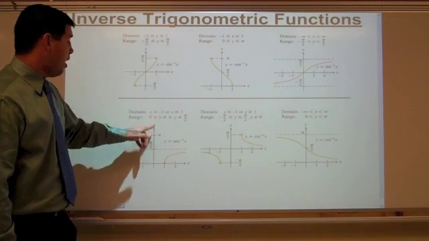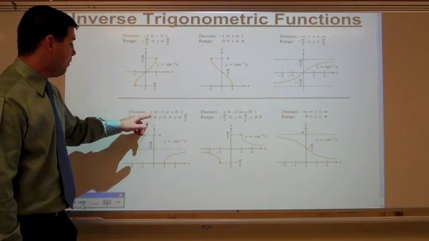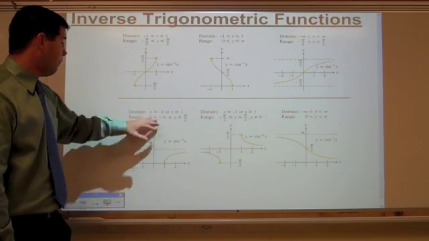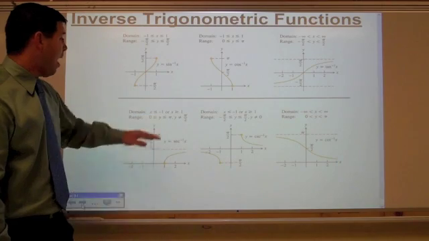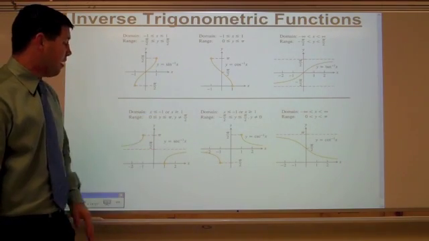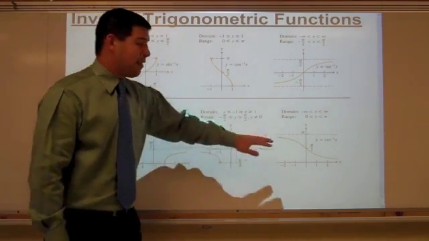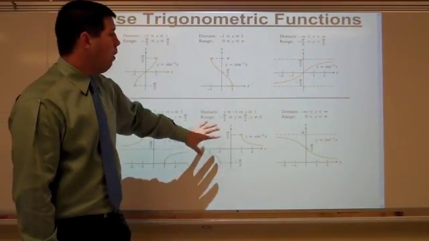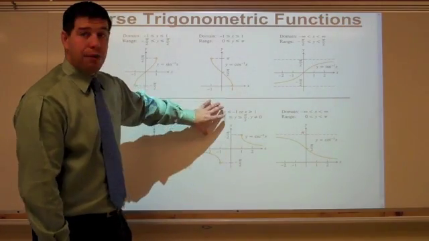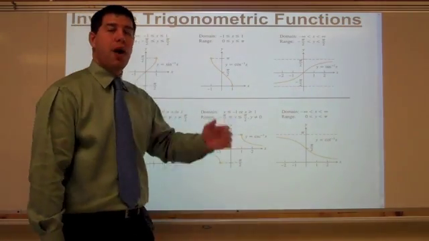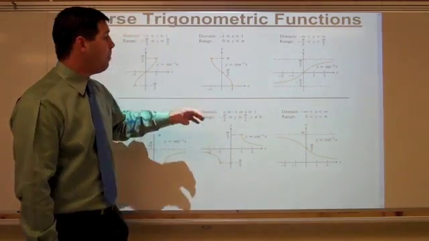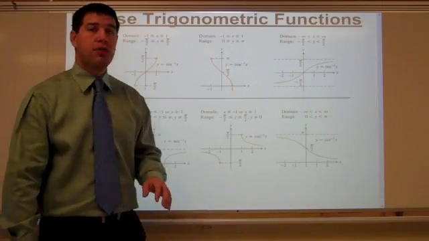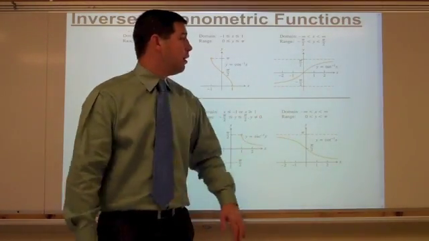So the domain of arc secant is x less than or equal to negative 1, or x greater than or equal to 1. The range is y between 0 and pi, but it's undefined at pi over 2. And you have these other 2 here you can look at. This is a refresher. This isn't vital for the calculus portion, but especially when we define the derivatives of arc sec and arc cosec, this is important for that proof.